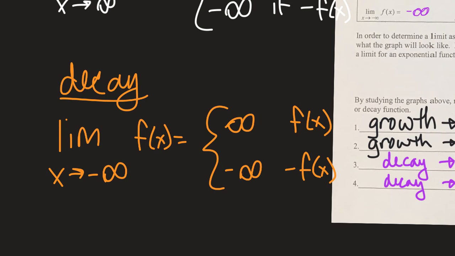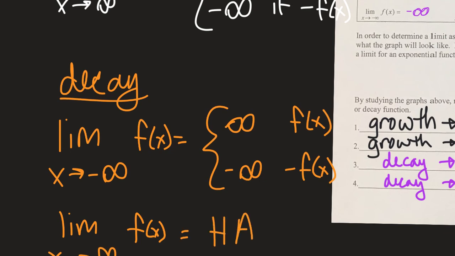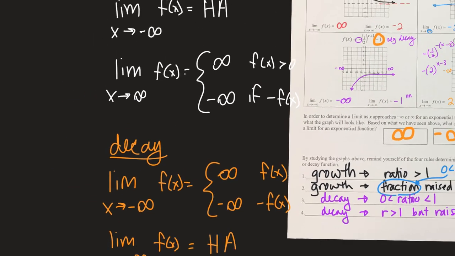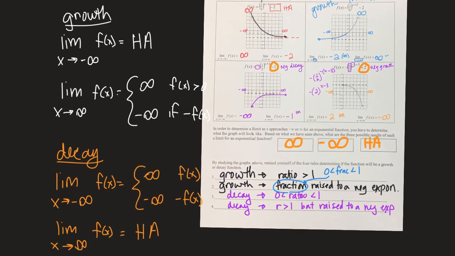So look out for those negatives in front. And then the limit as x goes to positive infinity of an exponential decay function will once again be the horizontal asymptote for that function.